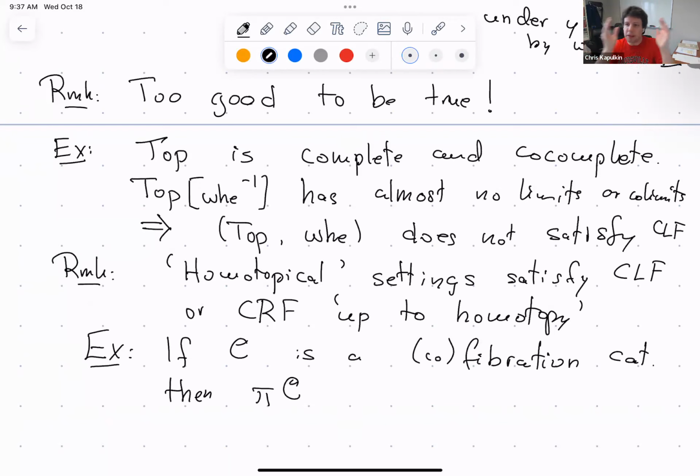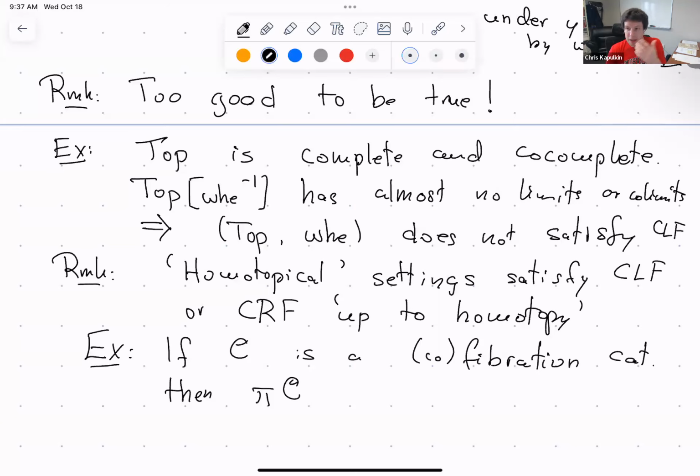The category of equivalences and fibrations, and then you can define path objects or cylinder objects, and you can talk about homotopy, and homotopy gives you some kind of relation on morphisms, and you can quotient by it, and that will not compute the correct localization because it just won't.